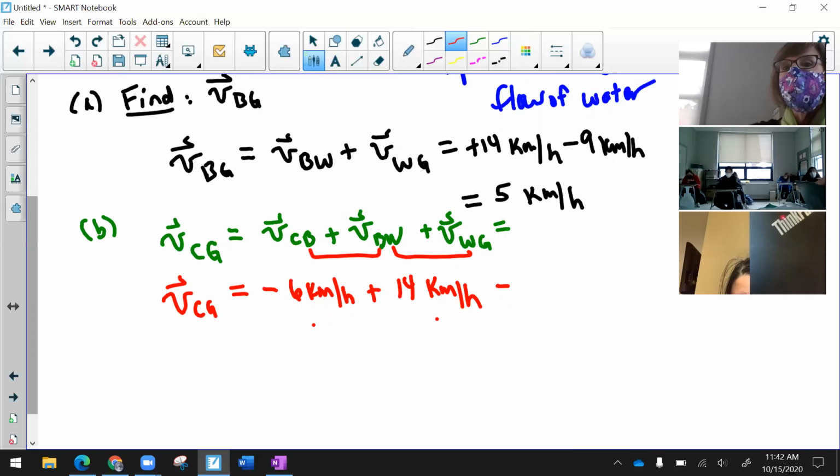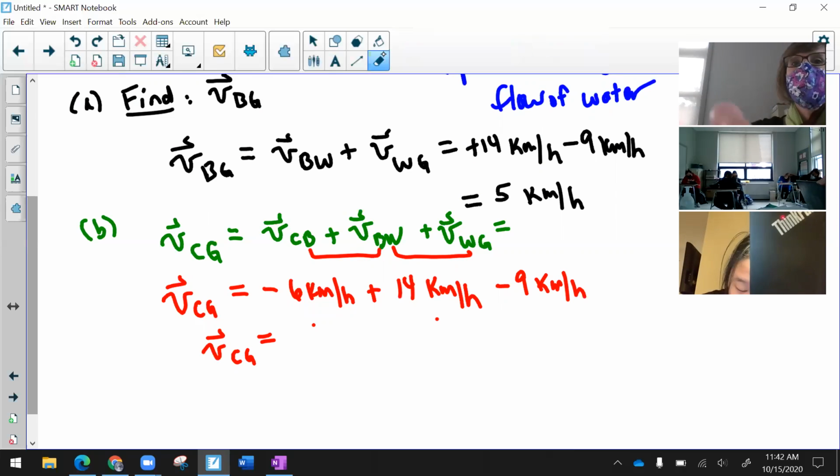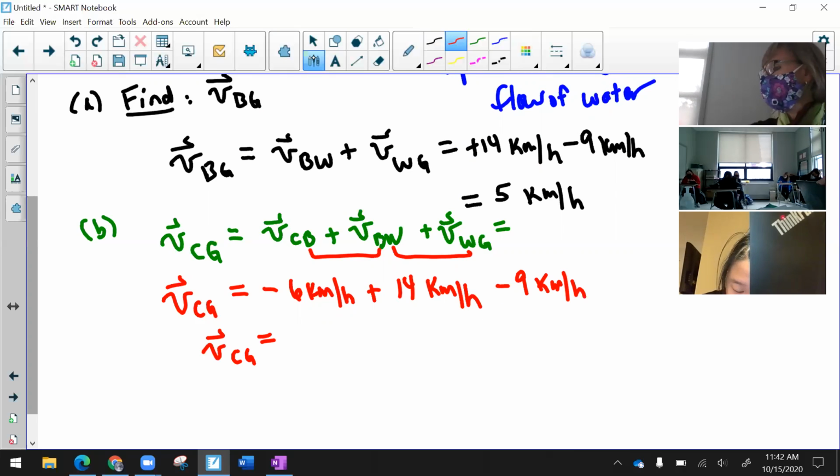And then the velocity of the water with respect to the ground is negative 9 kilometers per hour, right? So we do not need calculators. What does that give us? Negative 1 kilometers per hour.